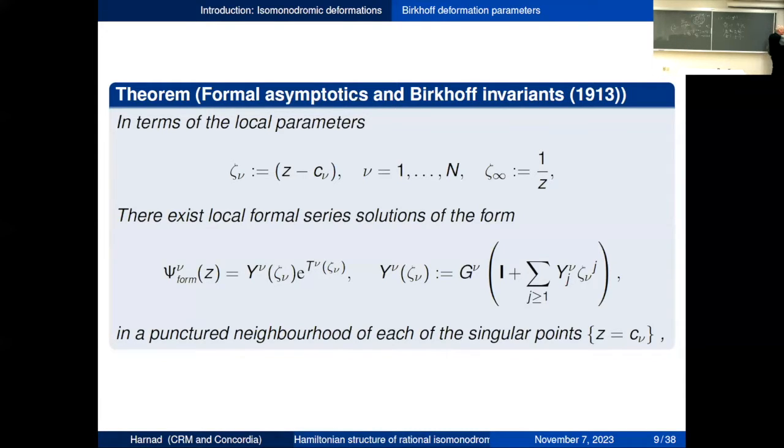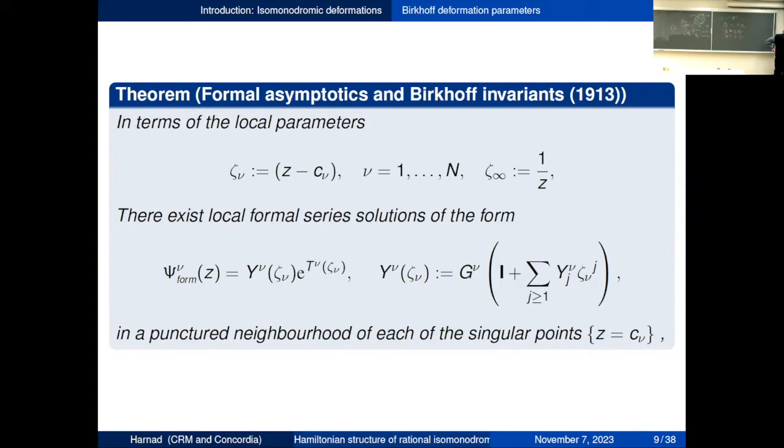So basically, you have a factorization into two parts. If it weren't formal, if it really were a Laurent series type expansion, which converges, then this would be a Taylor series part. This would be the holomorphic part. And this would be the singular part of the Laurent series, but written as an exponential. Y consists of a constant matrix independent of zeta, whose entries are just exactly the eigenvectors of the Lax matrix at that point. That's a fixed number. And then you have a series which is not necessarily convergent.